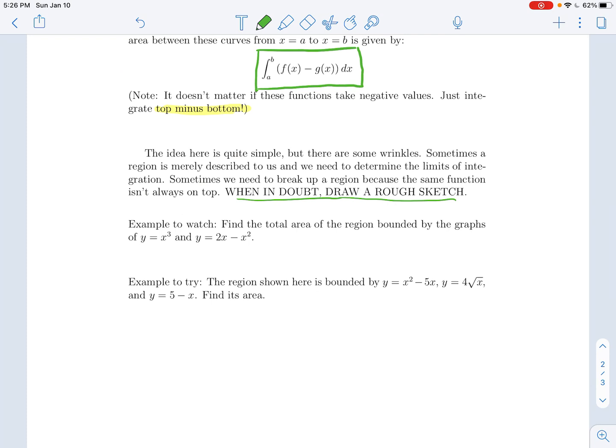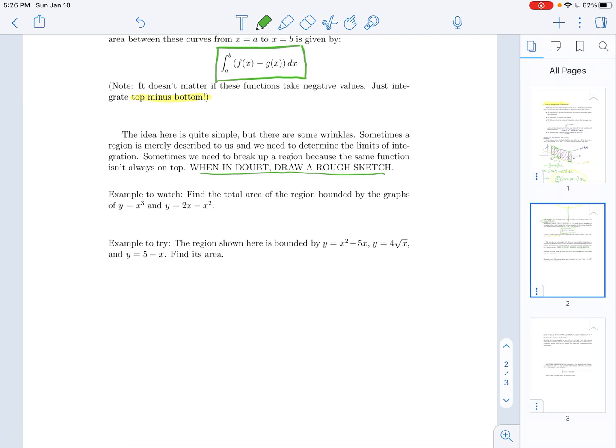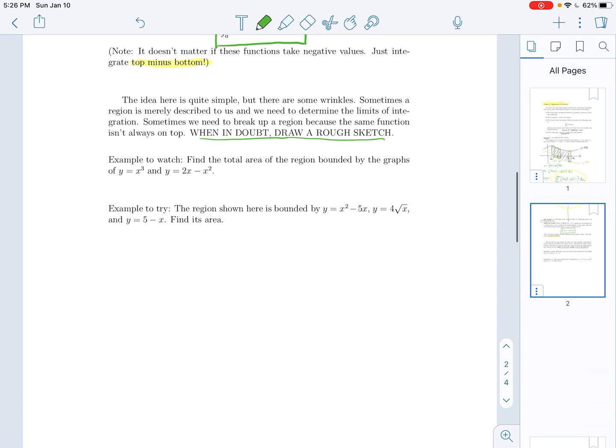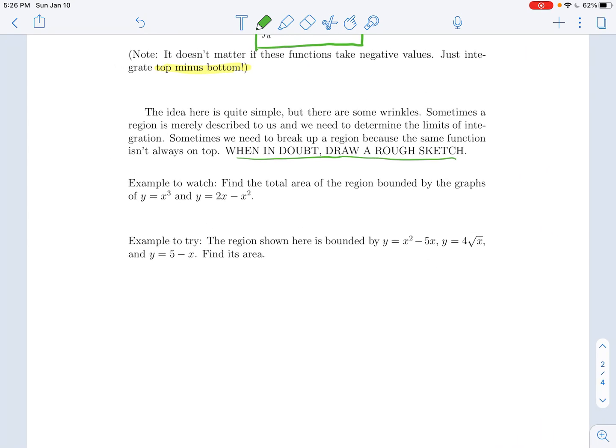So here's an example to watch. I will add a page so I can do this. So let's find the total area of the region bounded by the graphs of y equals x cubed and y equals 2x minus x squared.